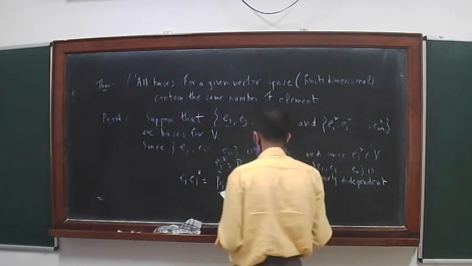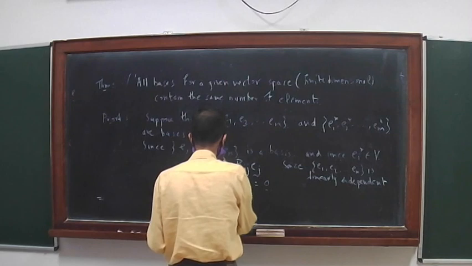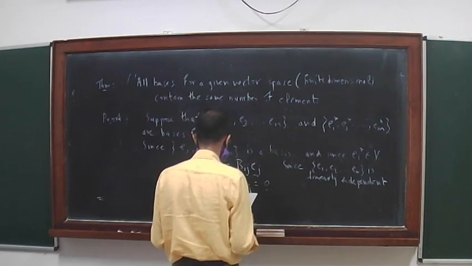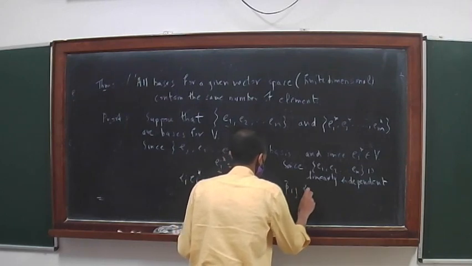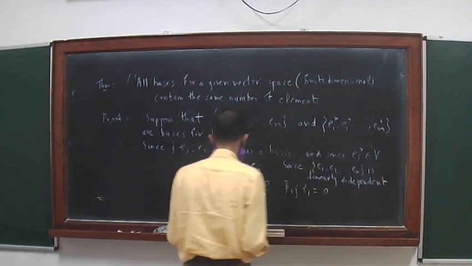So if you start from this equation, then what you get is that beta ij alpha i is equal to 0.